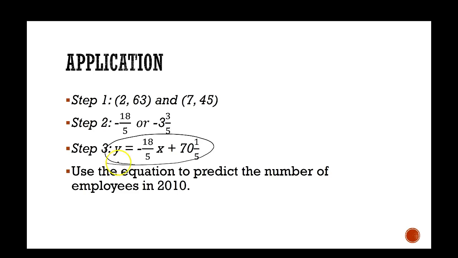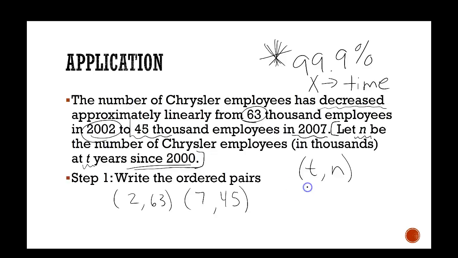Okay, so again, what does this information tell me here within this equation? Let's talk about that a little bit too here. And then you can go back and think about the other one. So this 70 1/5 tells me my y-intercept. So what that tells me here is that, remember that it was since 2000.